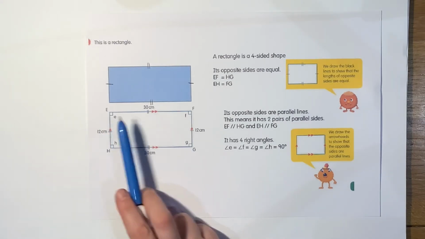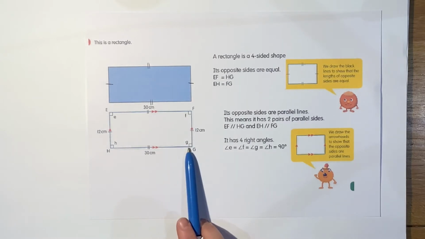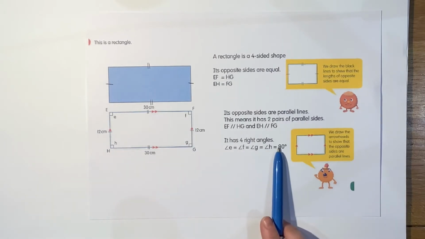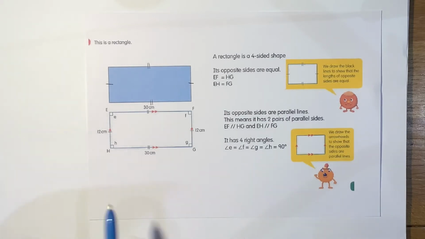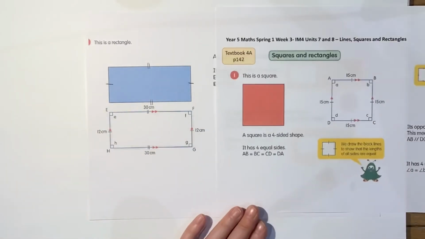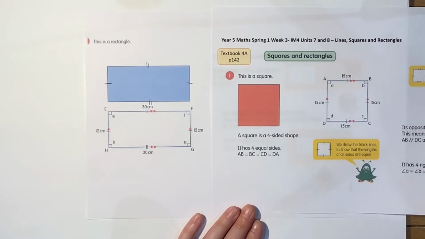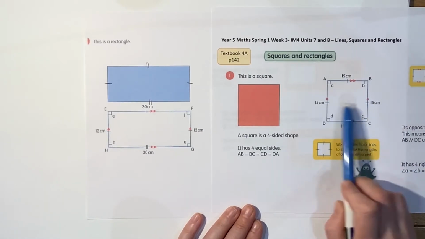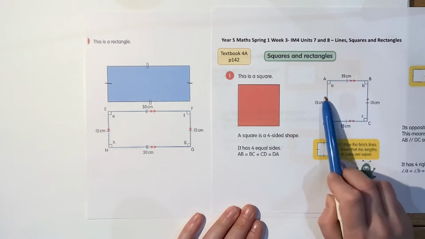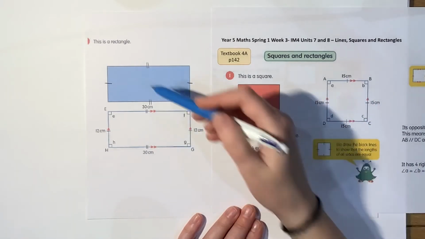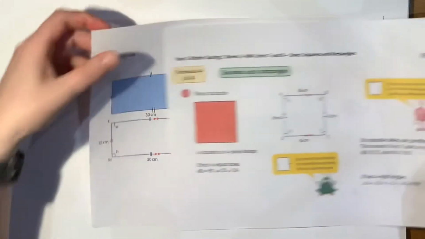Angle E equals angle F equals angle G equals angle H, and they all equal 90 degrees. So you will have noticed that the difference between the square and the rectangle is just the sides. On the square, they're all equal, and on a rectangle, there are two pairs of opposite equal sides.